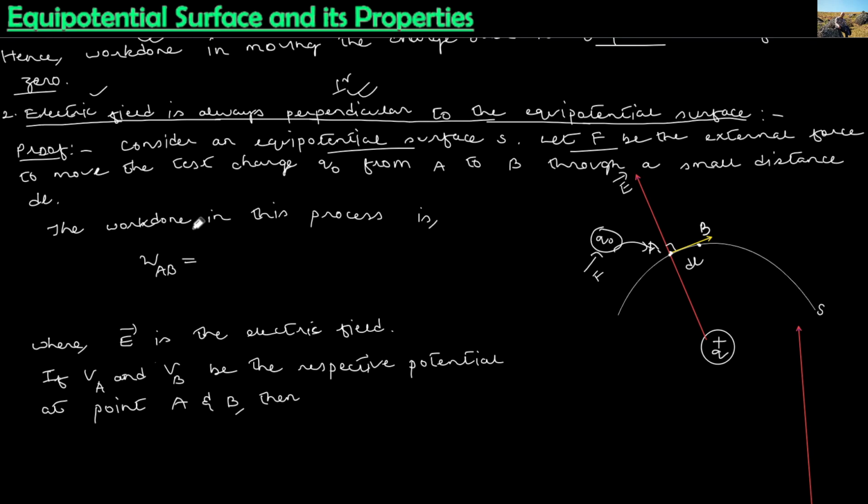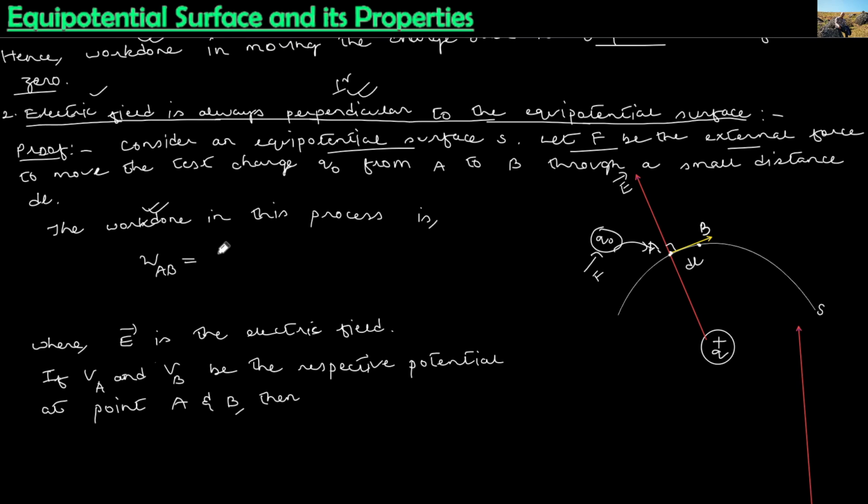We know that when you apply an external force on this charge, the charge will be moving. When it moves, there will be work done associated with that process. So what is work done?